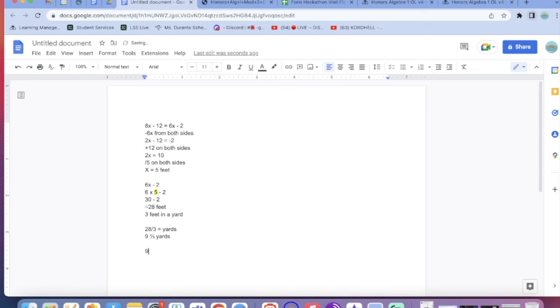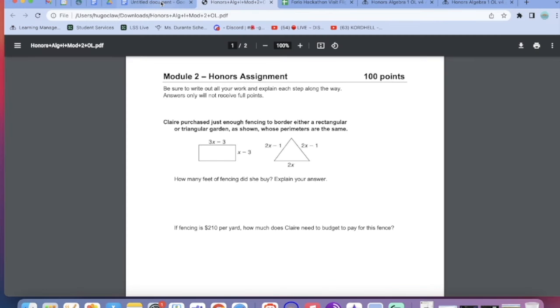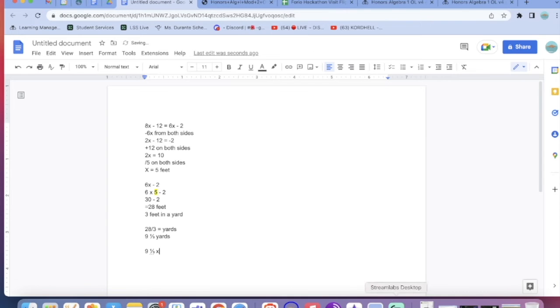Now we take 9 and 1/3 and multiply it by the cost per yard, which is 210. Pulling up my calculator again, we can determine that is $1,960.